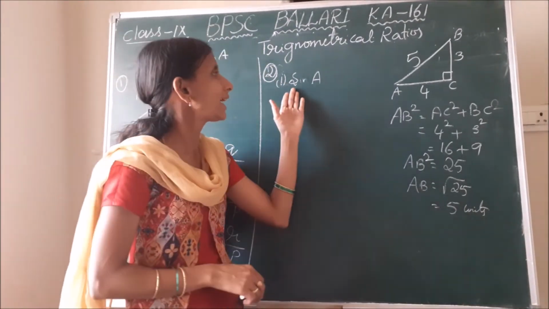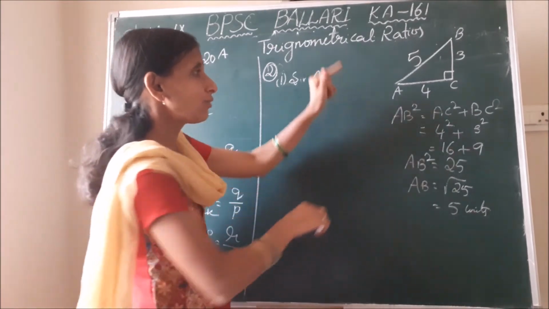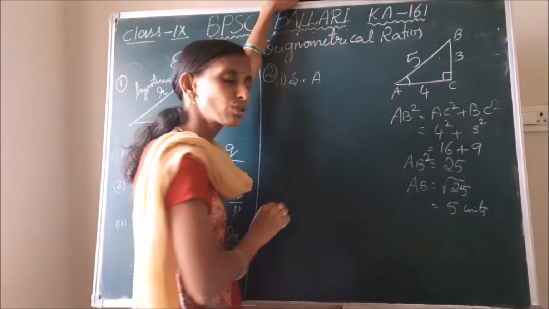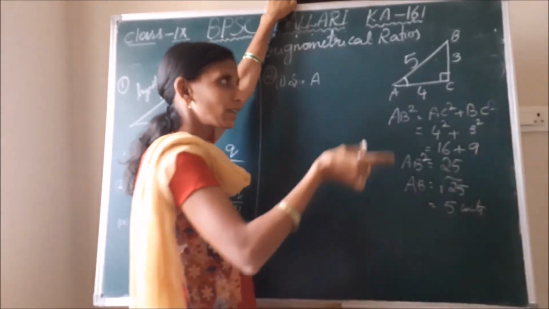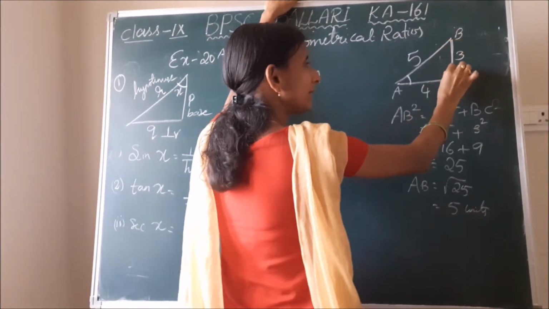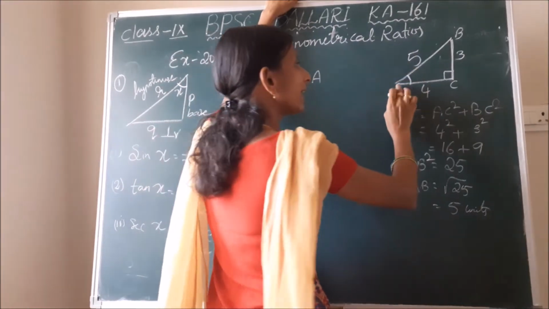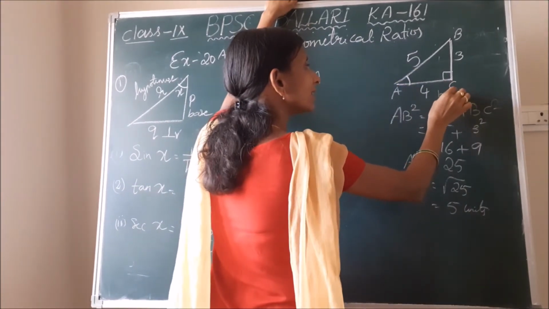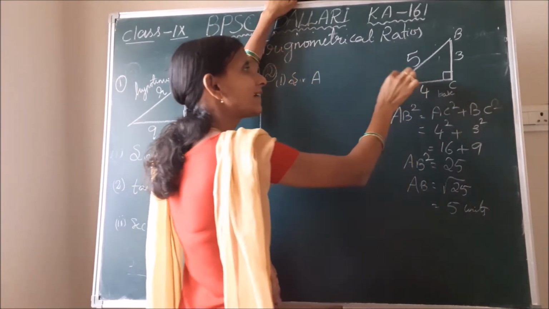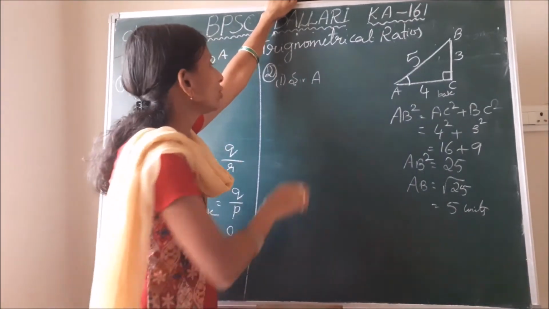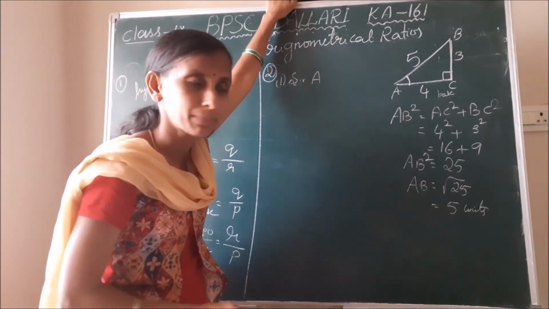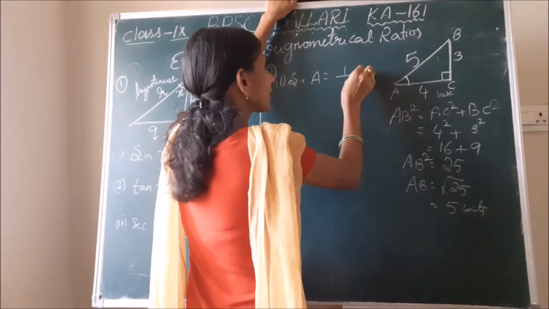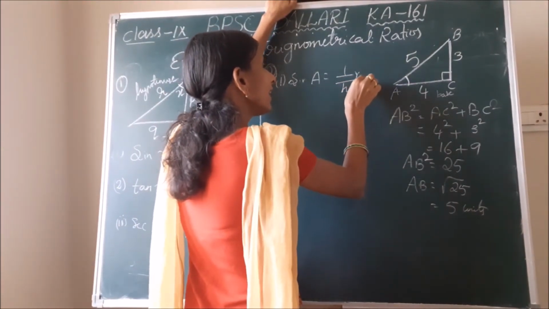Now sine A. For angle A they asked you to find, the angle is here. Which is the perpendicular now? BC is the perpendicular and AC is the base, since the angle is at A. Sine means perpendicular by hypotenuse.